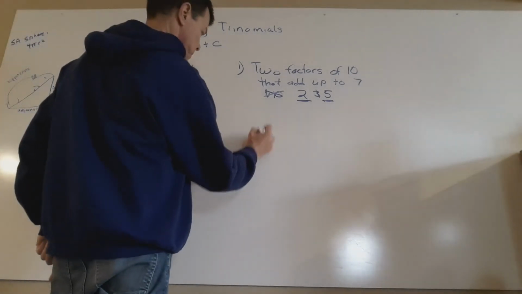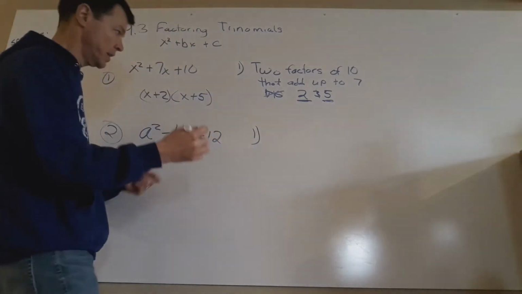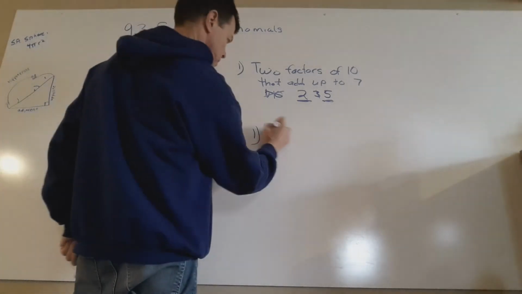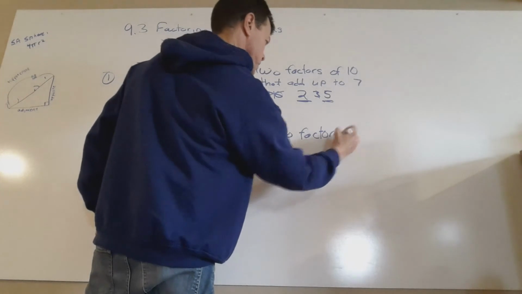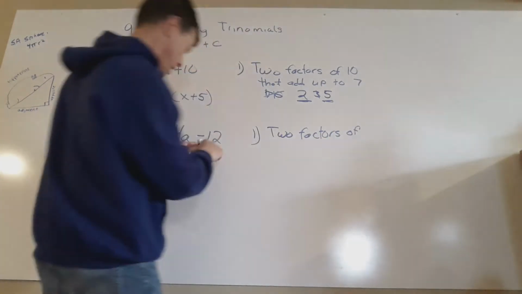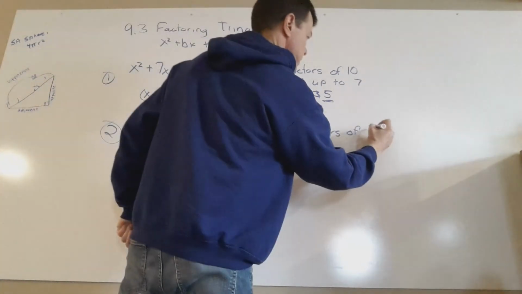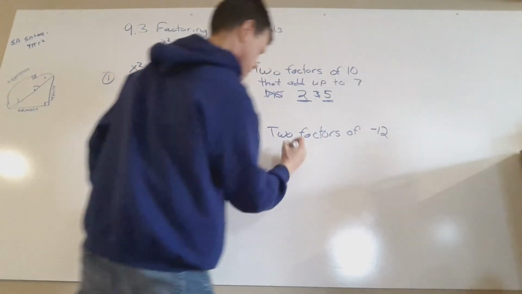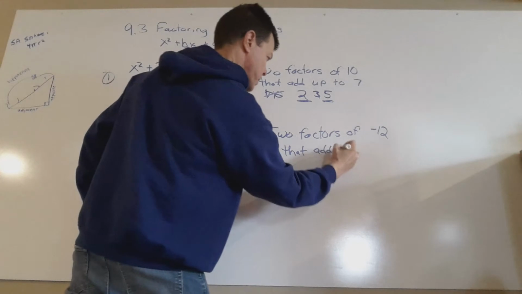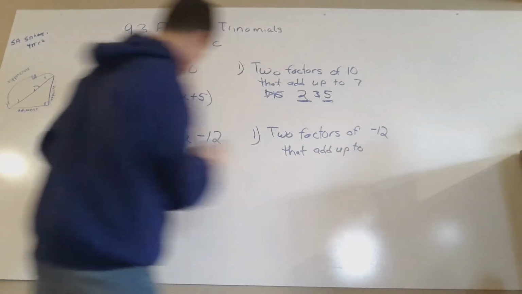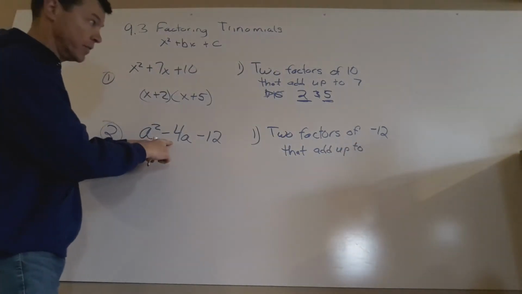Those are our steps. I'm just going to write down the one step. That's all it is. Two factors of negative 12 that add up to, right here, negative 4.